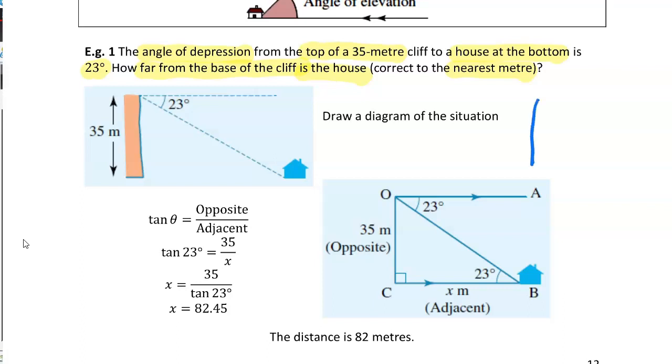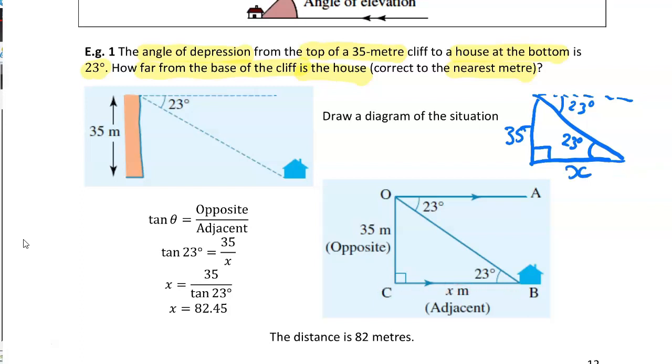So here we're really looking at a right angle triangle. Okay, so that's 23 degrees there, so that must be 23 degrees there. We know that the cliff is 35 metres high, but we don't know that distance at the bottom, and that's the one we're interested in.